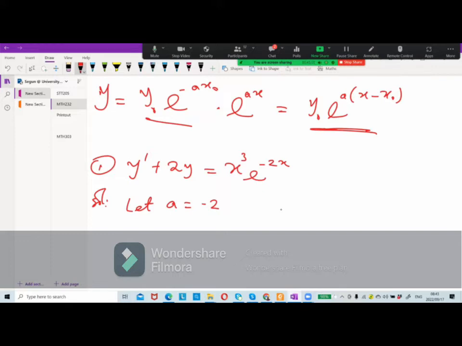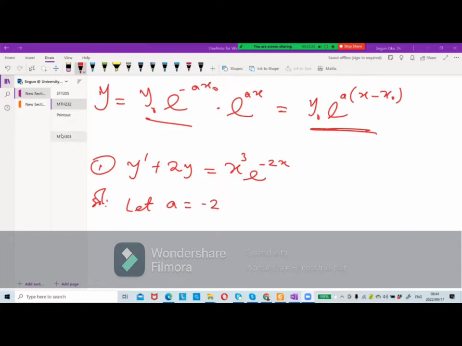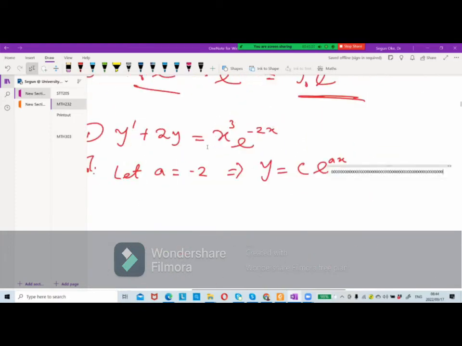Let a equals minus 2, which implies that my y is equal to c exponential a x. Remember that we started from here.